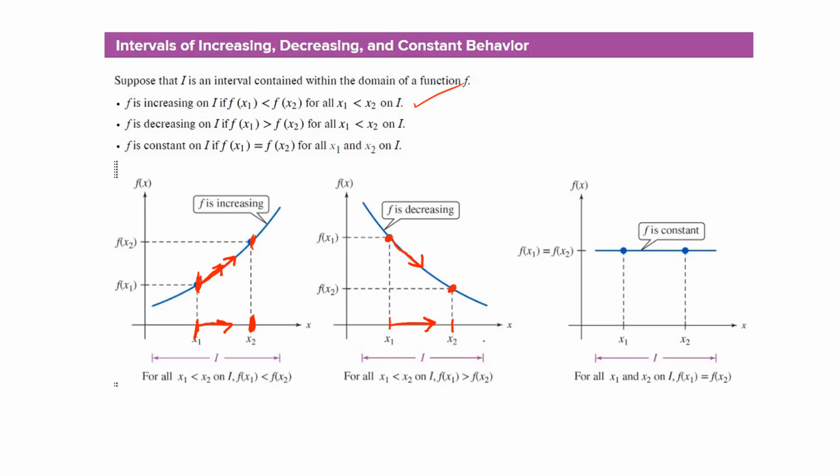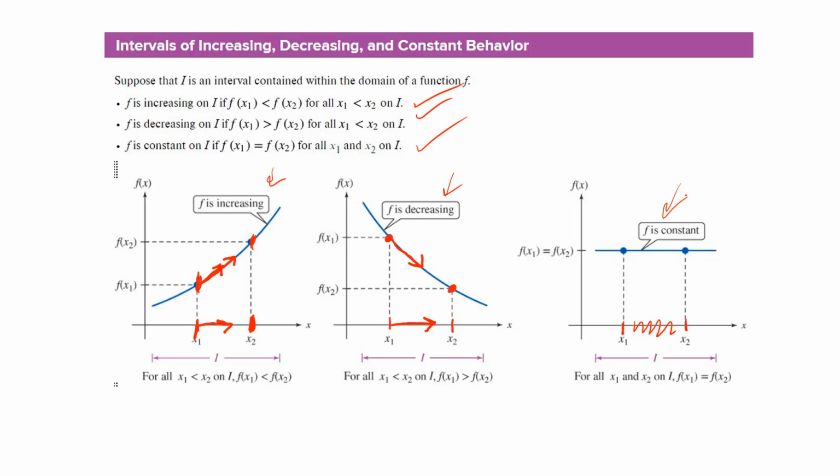That's a decreasing function. Constant means that as you go from x sub 1 to x sub 2 inside a certain interval, the function doesn't change. It stays the same. That is all that these three statements mean: an increasing function, a decreasing function, and a constant function on those intervals.